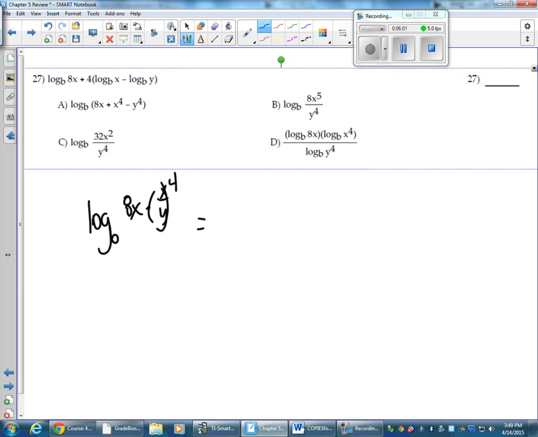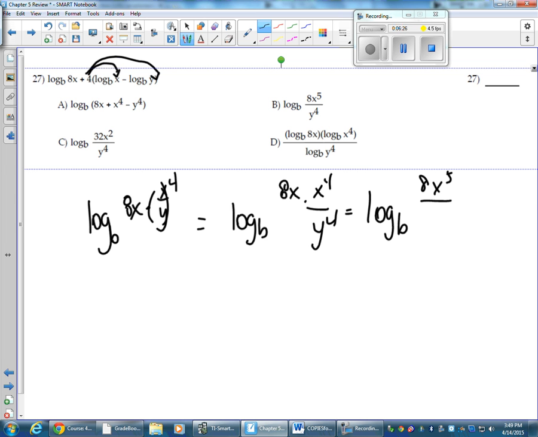So what that simplifies to is, the 4 would go for both of these because it's in front, and since it's subtraction, that makes this a division problem. So this becomes 8x times x to the 4th on the top, and I've got a y to the 4th on the bottom, which would be log base b of 8x to the 5th on the top and y to the 4th on the bottom, which is b.